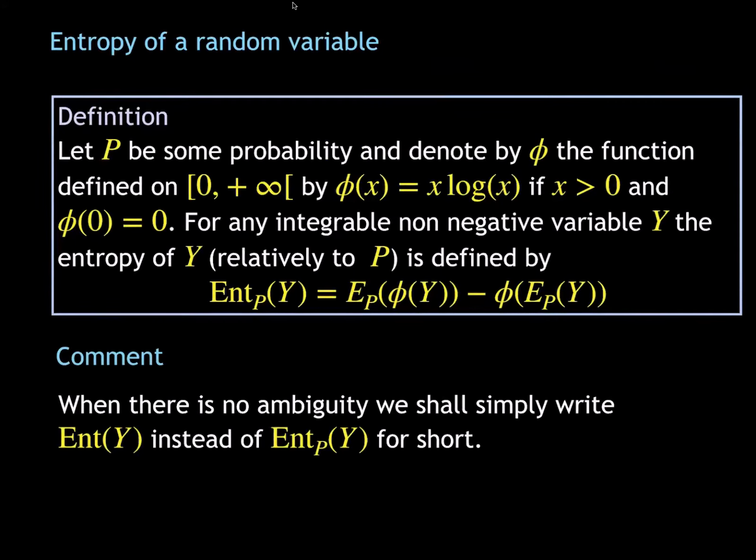So first, let us show that the sup is achieved at the border. So let us show that the sup over the variables which have expectation less than 1 of expectation y times log t is also the sup over the variables which have expectation equal to 1.